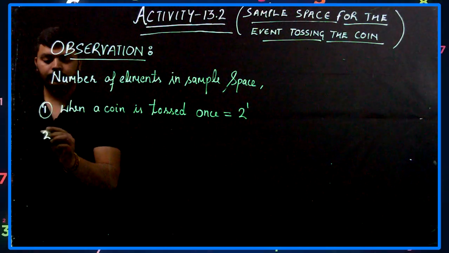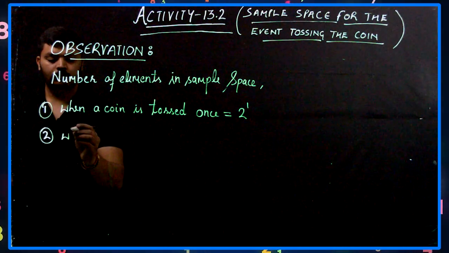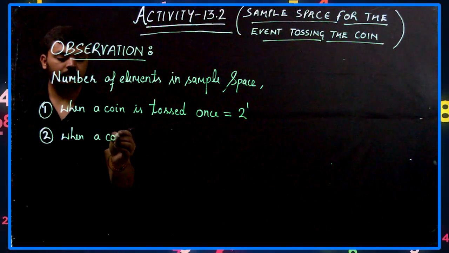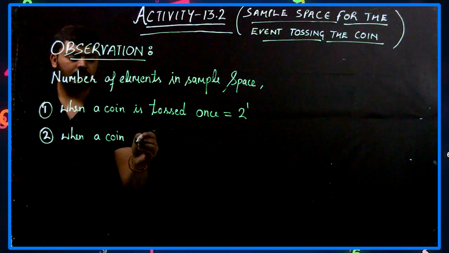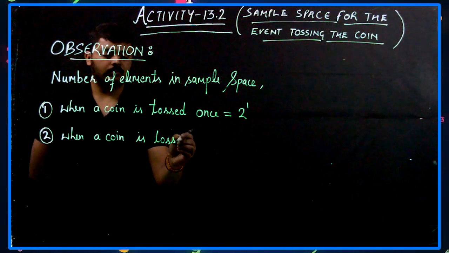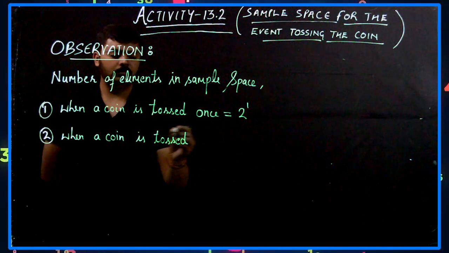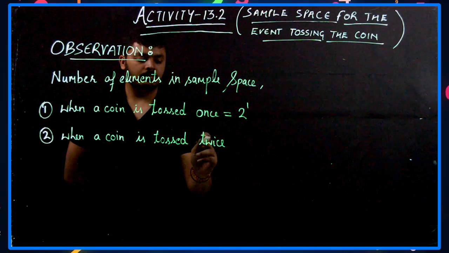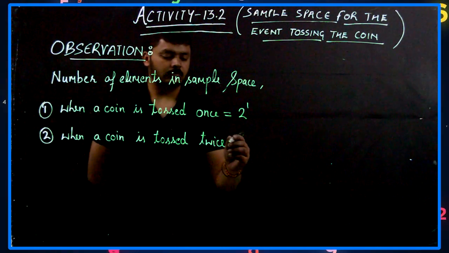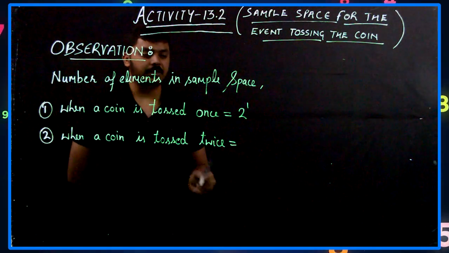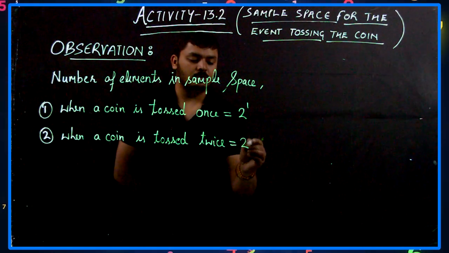Second condition, when a coin is tossed twice, then the number of elements in sample space is 2 to the power 2.